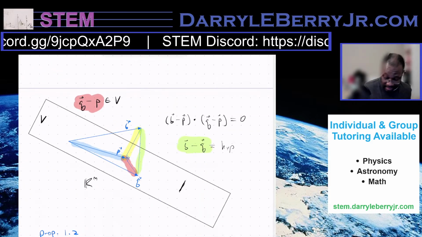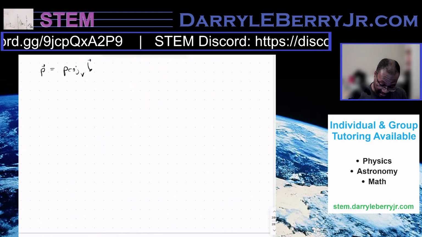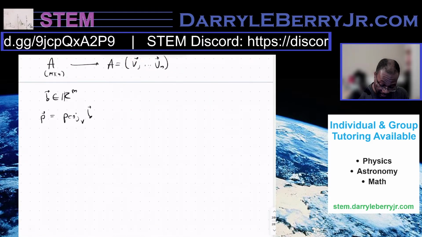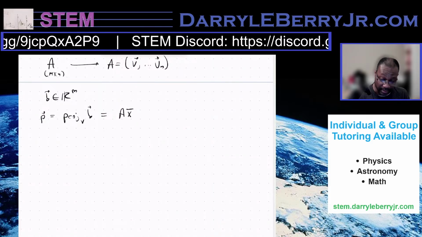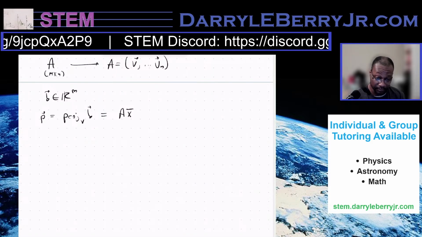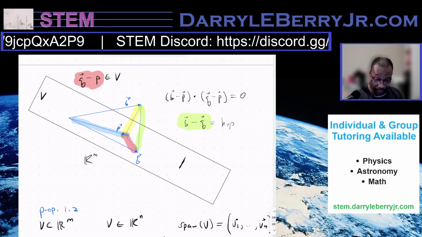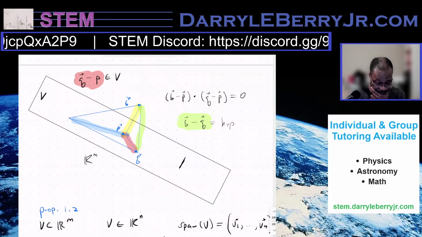P is the projection of B onto the subspace V, which equals A x bar, where AX equals B has no solution.